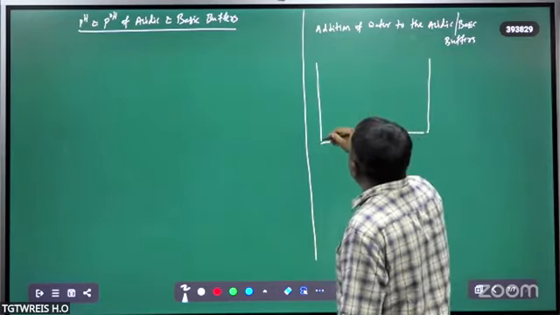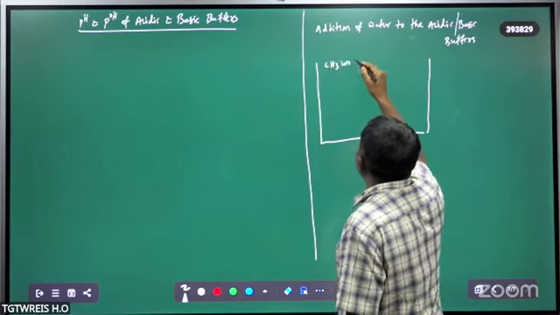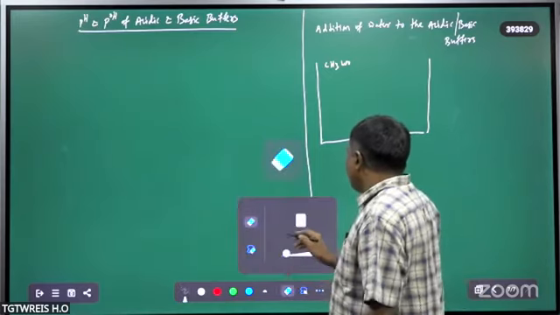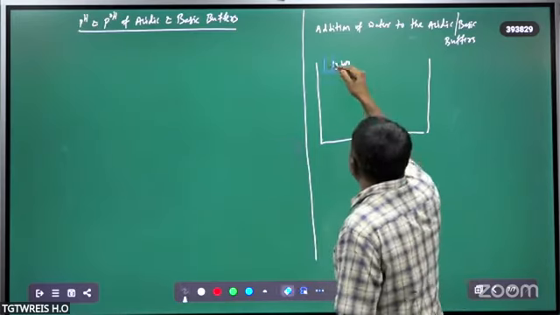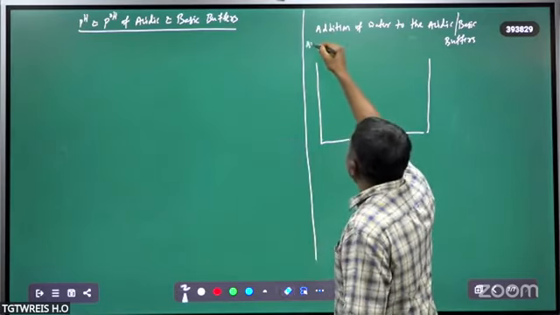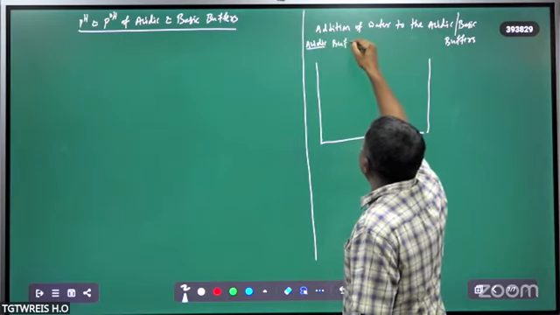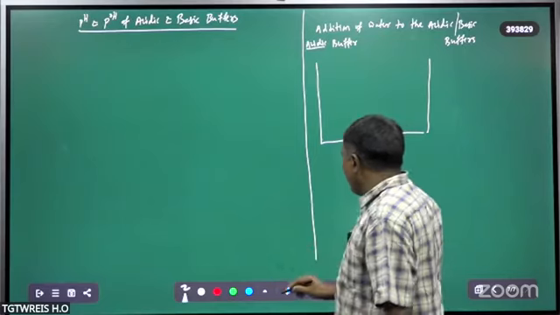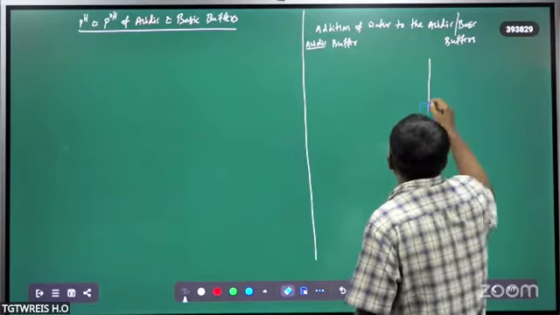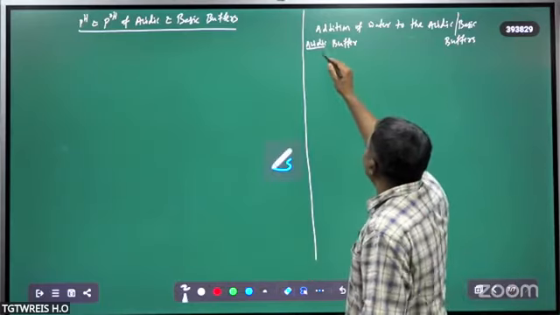For an acidic buffer, what is an acidic buffer? Give one example of an acidic buffer: CH3COOH and CH3COONa.